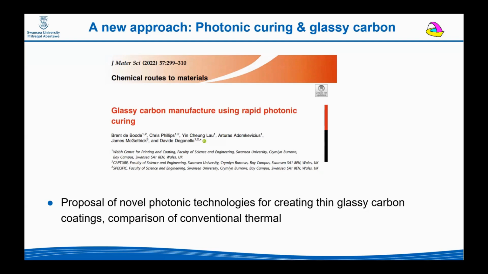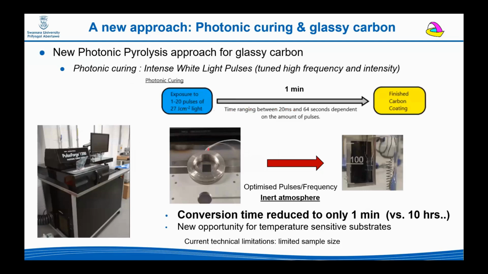What is photonic curing? Photonic curing is essentially a cell lamp, very, very bright, that flashes very quickly. We speak about hundreds of times per second, producing and releasing a lot of energy in a short amount of time. And you can tune the frequency and the intensity.